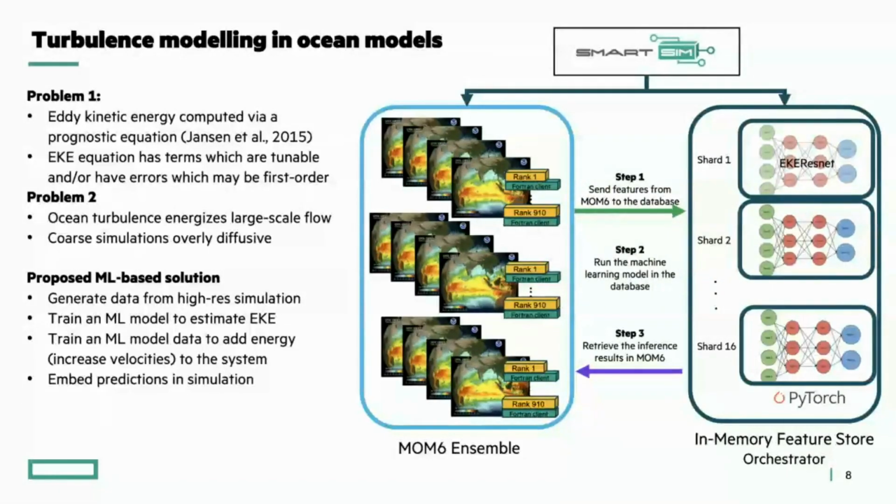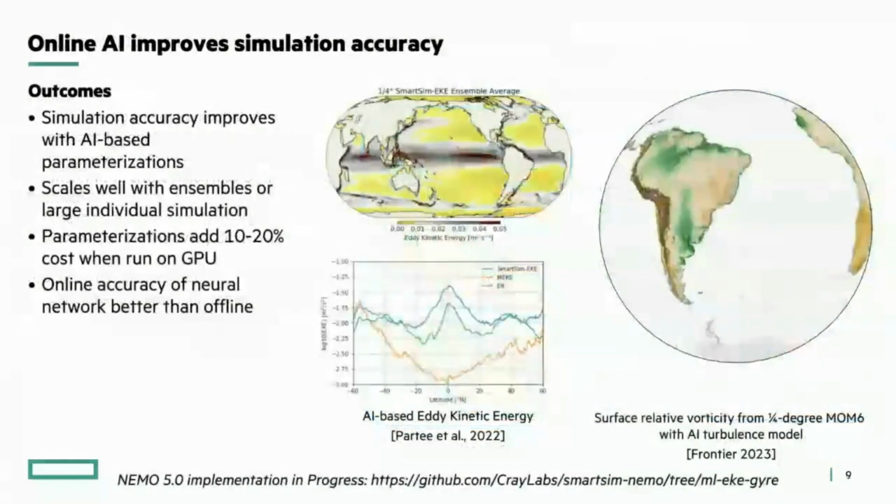So for example, when we ran this, we used something like 150 nodes on a supercomputer to run the ensemble, and those were all CPU-only nodes, and then we had 16 nodes that were just dedicated with GPUs on them. So that's a factor of like 10 that we allow for in terms of more efficient use of GPUs, right? Since it's not that we have 150 nodes with GPUs on them, we only need 16.